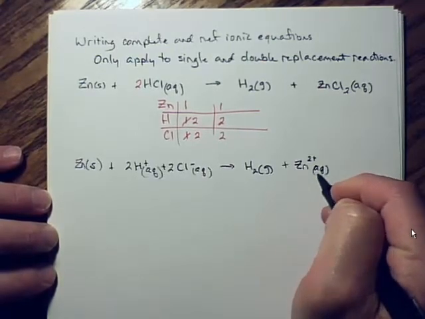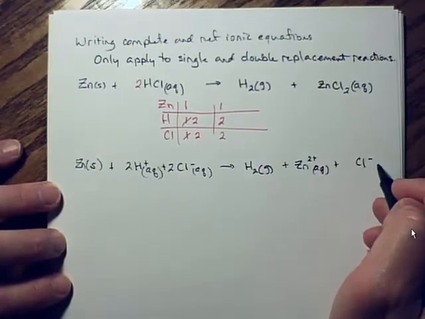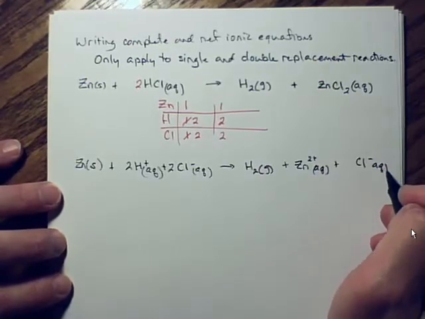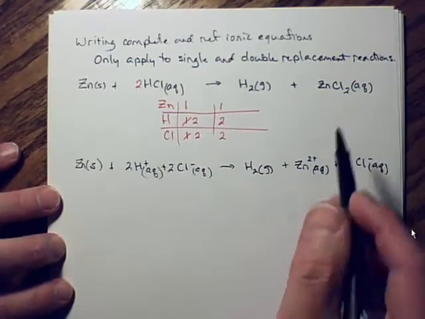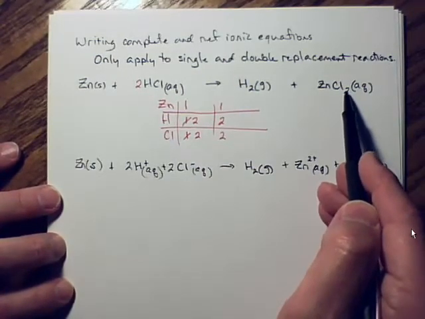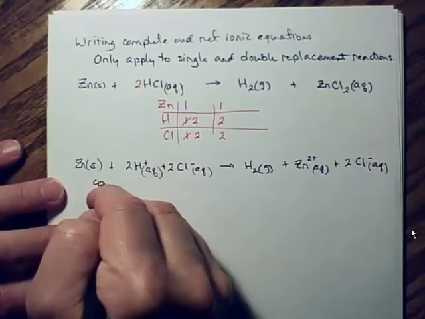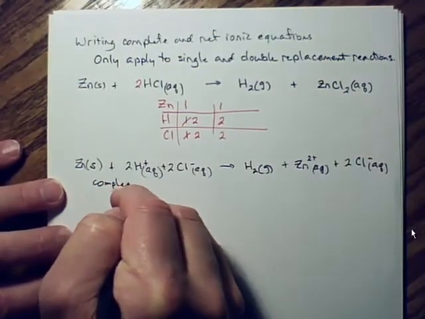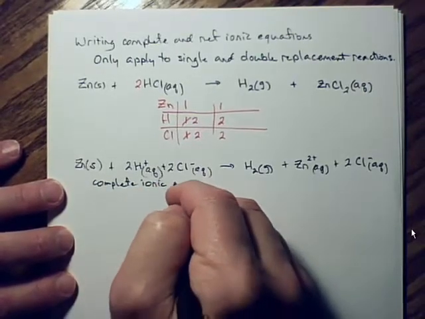They're going to be separated from the chlorides in the water. And the chlorides are dissolved in the water. And how many chlorides do I have? 2 because of that 2 there. All right. So this is a complete ionic equation now. And that's the process you go through to figure it out.